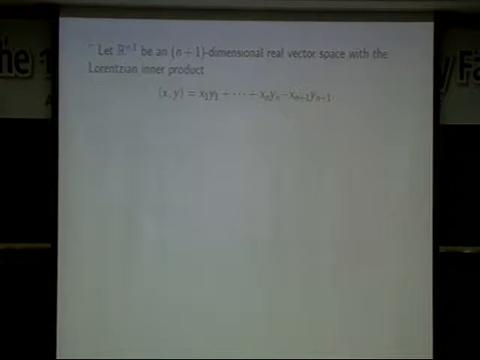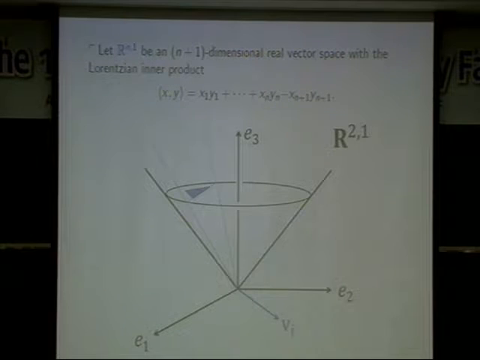To consider hyperbolic Coxeter polyhedra, we define the Lorentzian space. R^{n,1} is an (n+1)-dimensional real vector space with the Lorentzian product. So this is an example, R^{2,1}. This disk is the two-dimensional hyperbolic disk, and this triangle lies in this hyperbolic space.